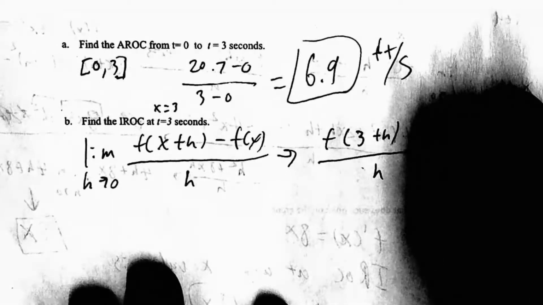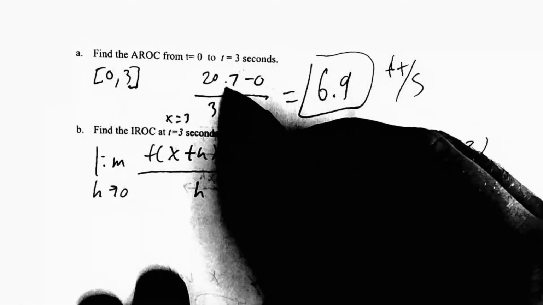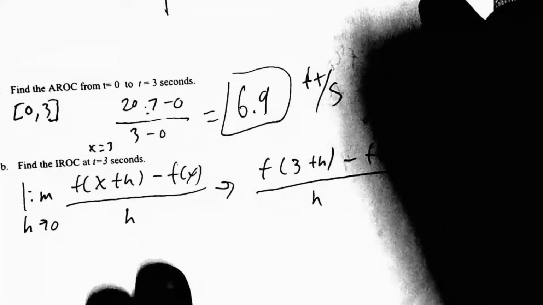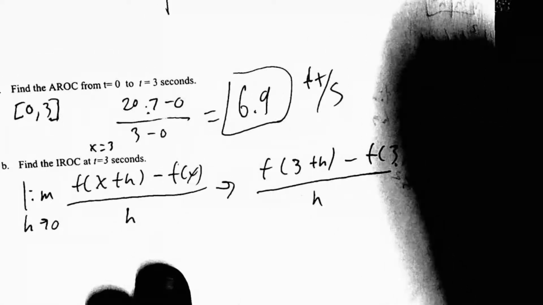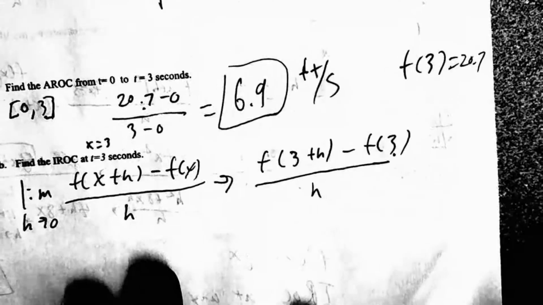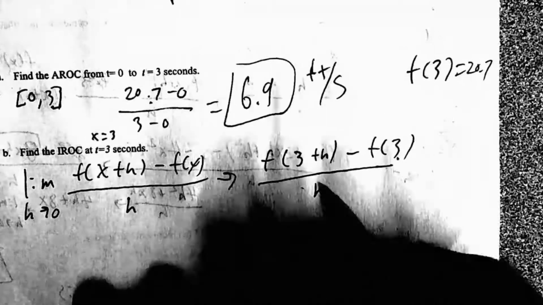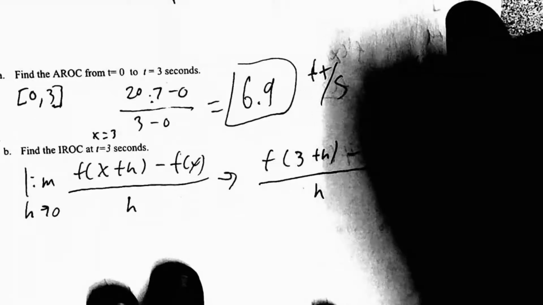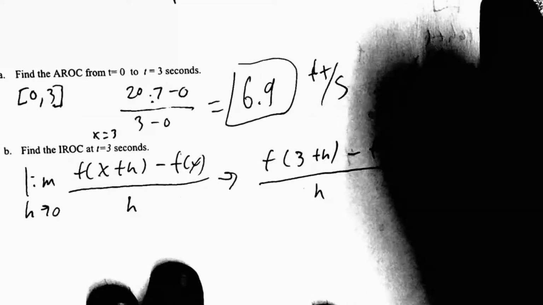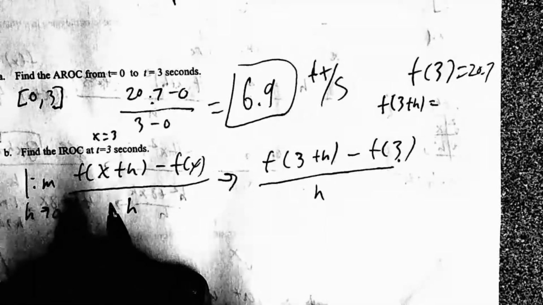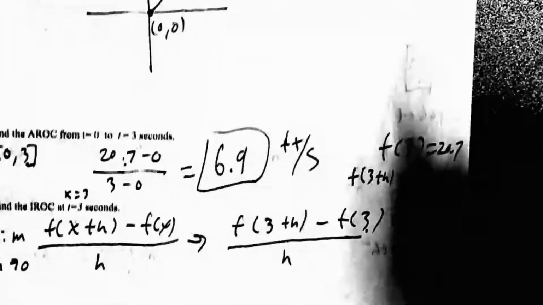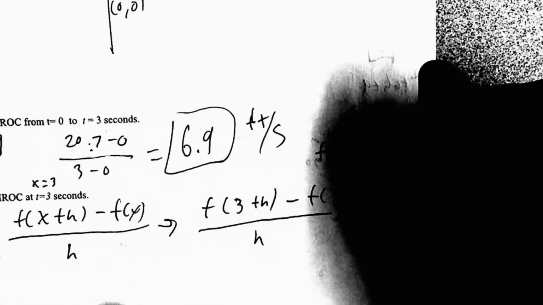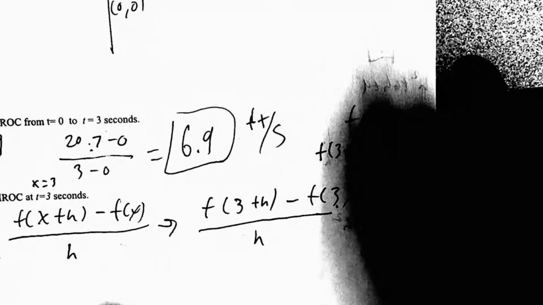We actually already found f of 3. Remember, it was 20.7. So f of 3 equals 20.7. And f of 3 plus h equals, you just plug in 3 plus h for t: 2.3 times 3 plus h squared.